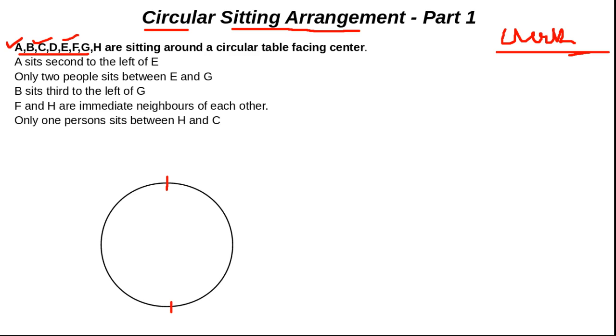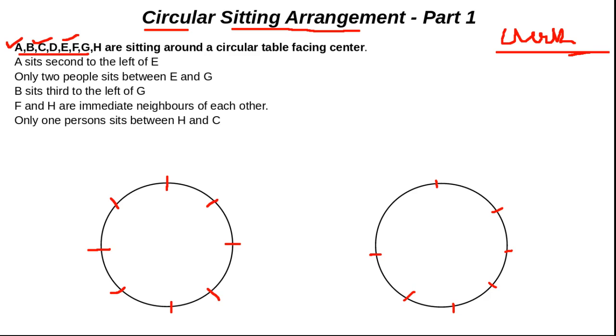We have already plotted 2 persons, and we'll plot the other 2 persons here, and this makes 6 persons, and then 7 and 8. Draw one more circle, so if 2 cases are formed, you can easily make one case in one circle and the other case in the other circle. So I have plotted these 2 circles, and we'll start with the given conditions.